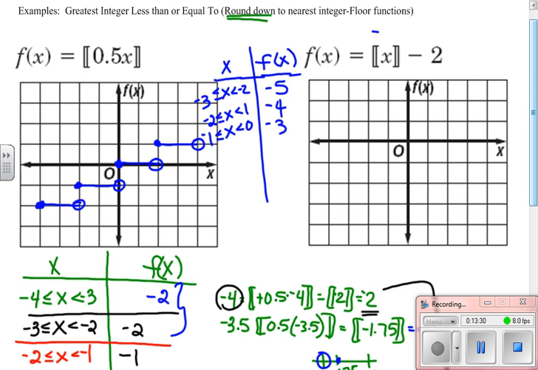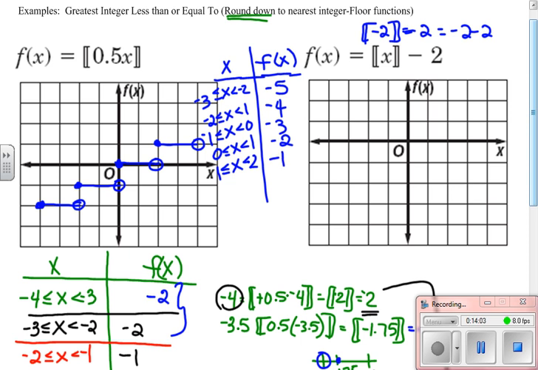When I put negative 2 in, I get negative 2 minus 2, which is negative 4, which is the next value. So if I go up to but not including negative 2, it's going to round down. As soon as I switch to negative 2, it's going to bounce back up. So you can start to see my pattern is emerging, and that's going to be negative 2 from 1 less than or equal to x less than 2 is going to be negative 1, and it will continue.